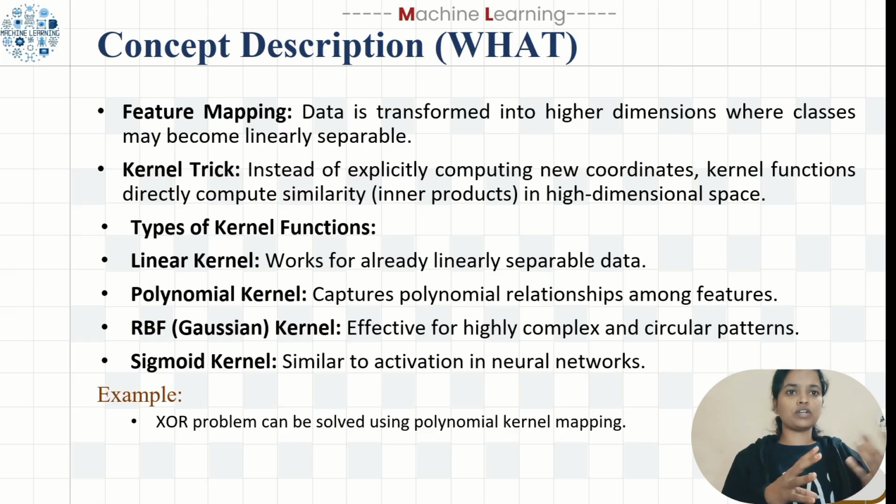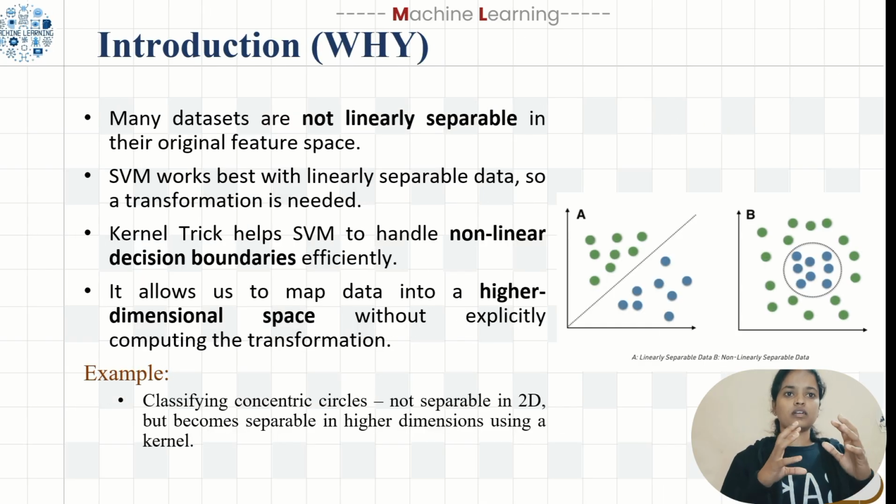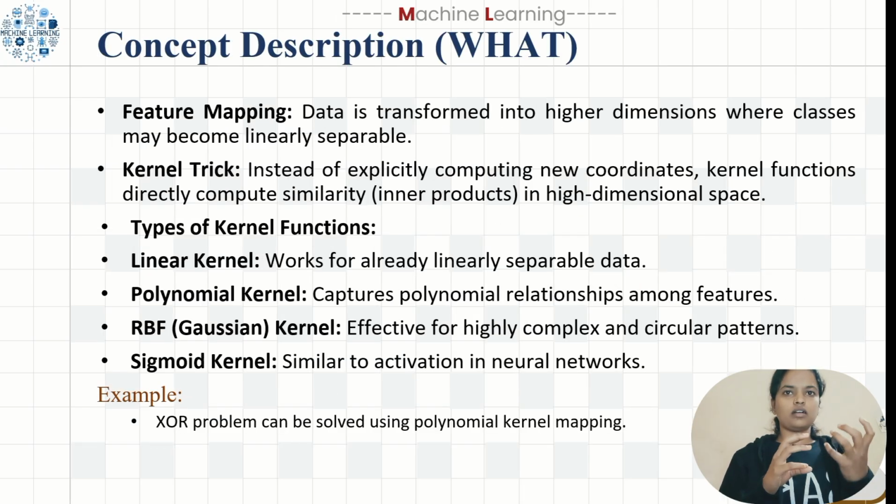As we see in the first slide, there are two concentric circles. In that, the data is there, so we can't separate it using a simple SVM. So here the RBF kernel helps us to transform the data and separate the circular pattern data.